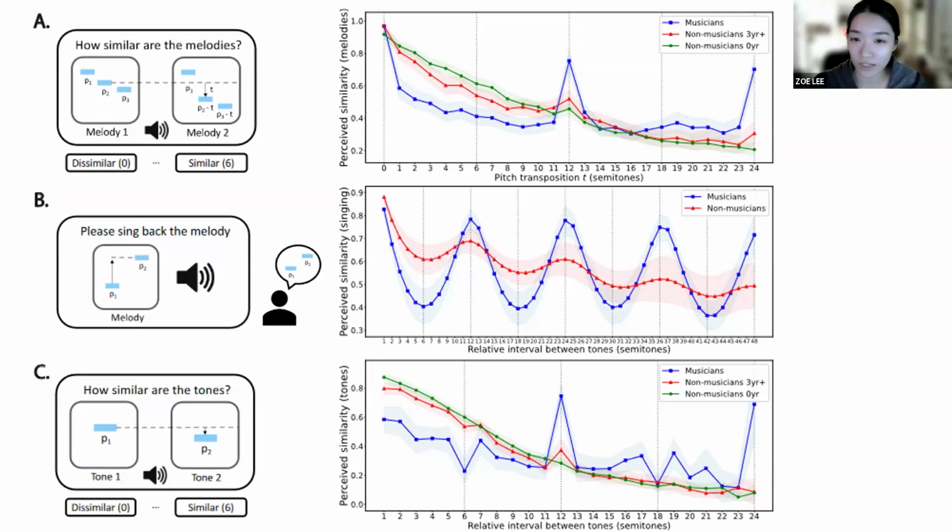So this is where we run into my limitations. They take the Gaussian kernel density estimate of the target-response pitch pair. So between the target pitch 1 and the responded pitch 1, you take the density estimate.